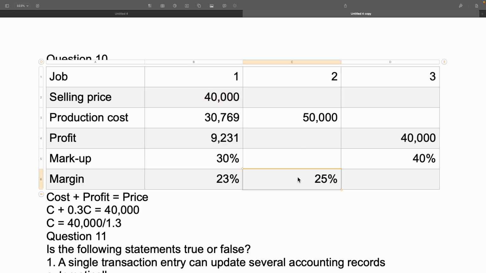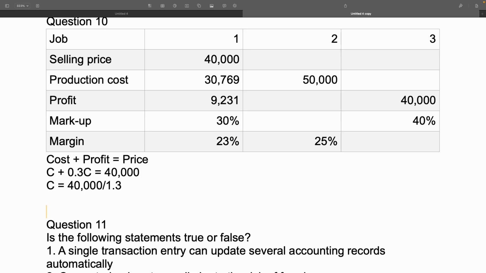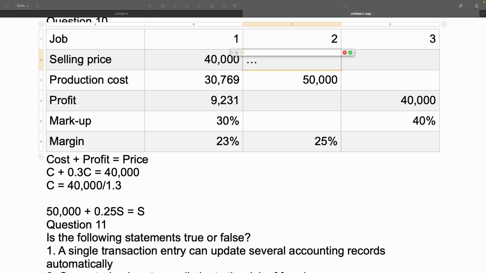Margin, 25%. I know 50,000 plus 0.25S equals S. So the selling price is going to be 50,000 divided by 0.75.